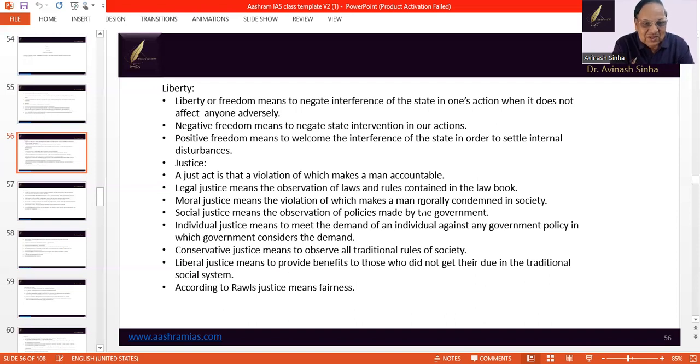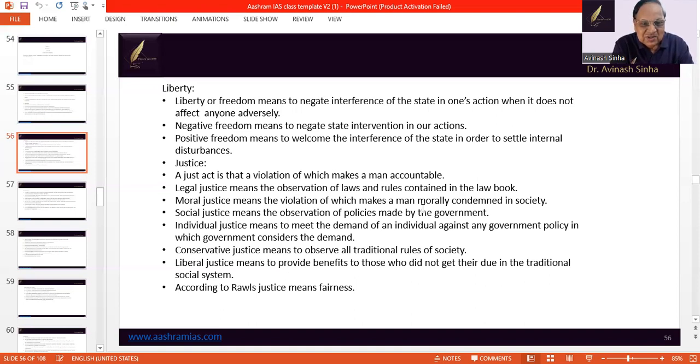Legal justice means the observation of laws and rules contained in the law book. Moral justice means the violation of which makes a man morally condemned in society. Social justice means the observation of political laws or political policies made by the government.